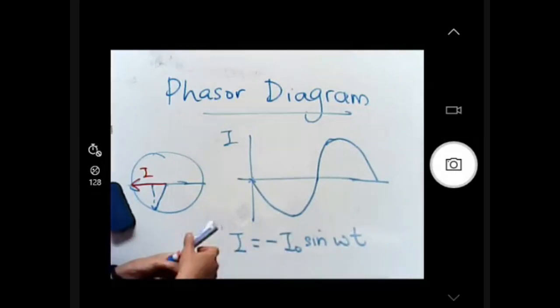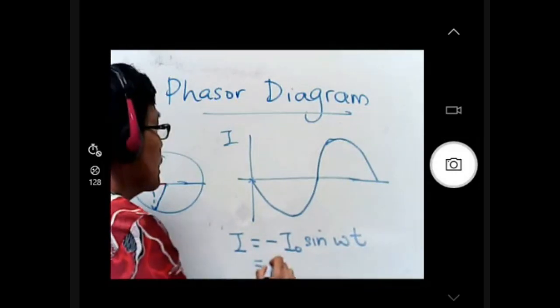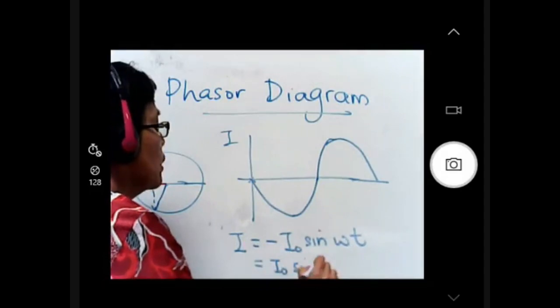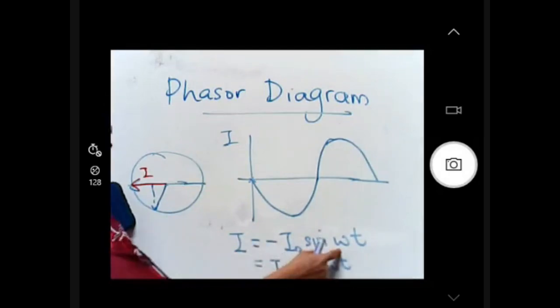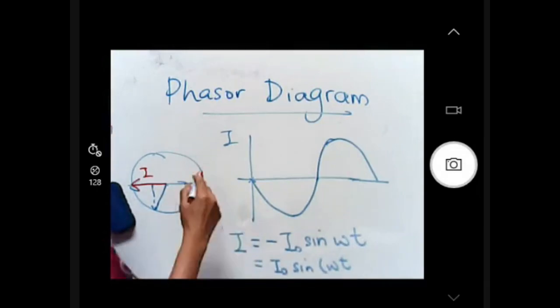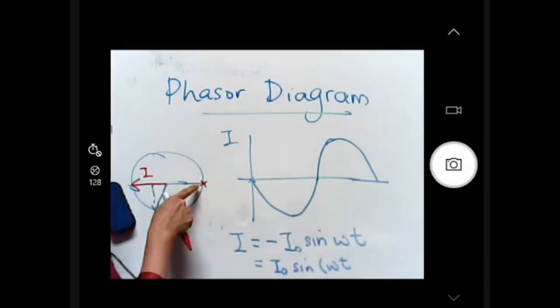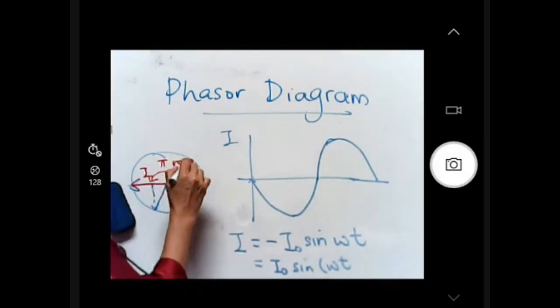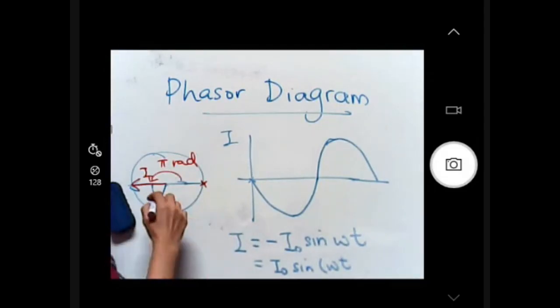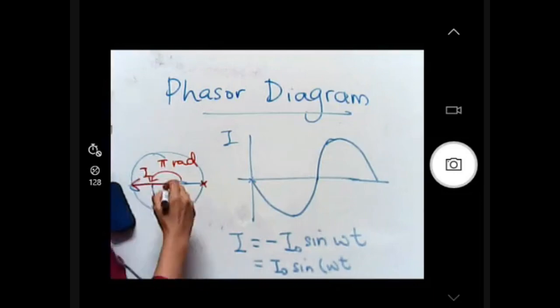And we can also write this equation in the form of I naught sine omega t with reference to sine, because this is a negative sine graph. If you want to refer to sine, we find that the position of sine is here. So if we refer to this point, this vector is behind the sine graph by pi radian, or in front of this point by pi radian, or behind this point by pi radian.